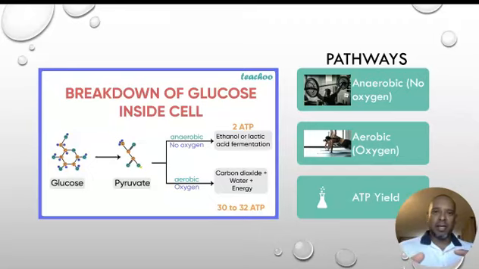Once inside, it goes through the citric acid cycle, and then the electron transport chain, or the ETC, uses oxygen to produce a lot more ATP. In fact, the aerobic pathway can produce up to 30 to 32 ATP per glucose molecule, which is much more efficient, but it takes a lot longer.